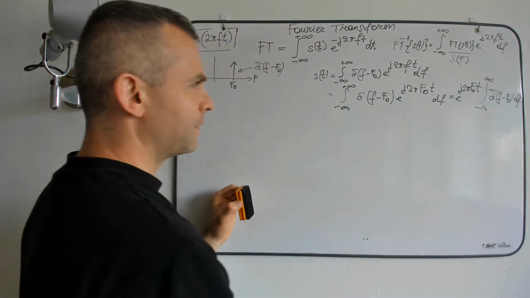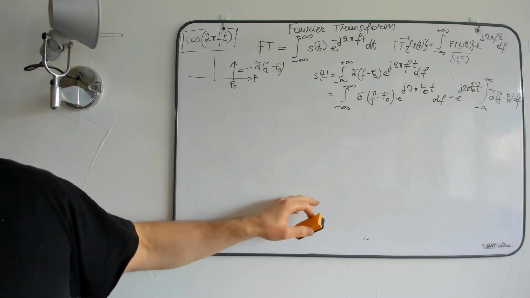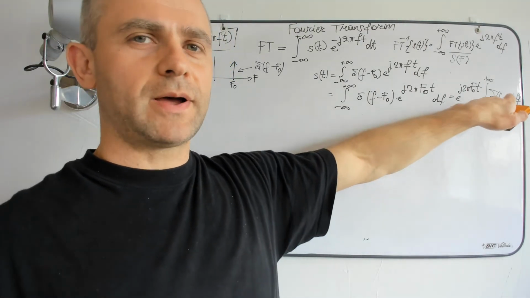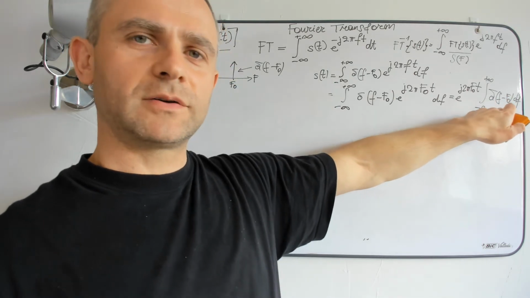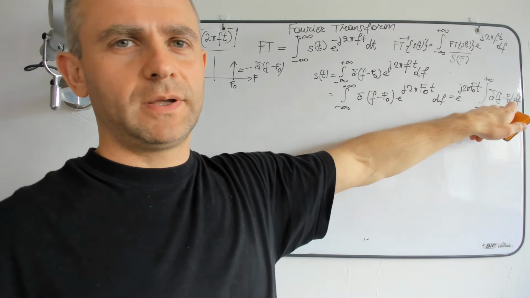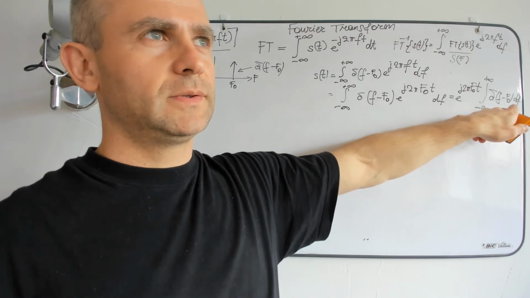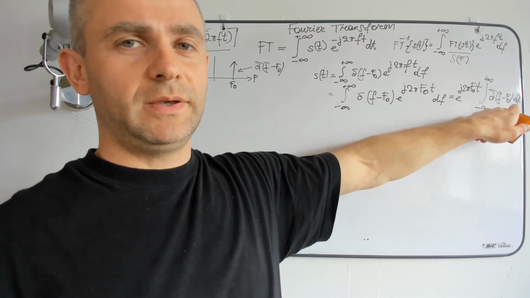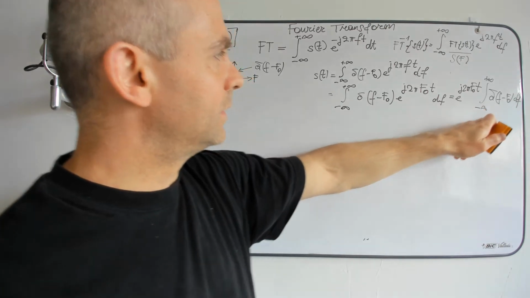And a property of the Dirac delta function is that it doesn't matter if it's delayed or not. The area of a delta function is always 1.